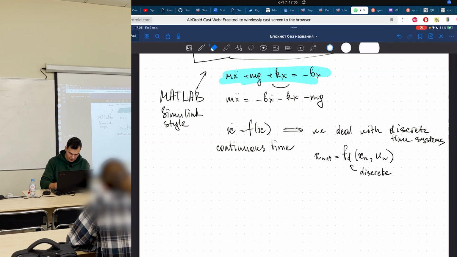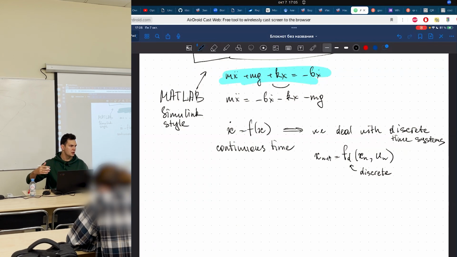So instead of using the x dot equation, we're going to use x_{n+1}, where n is some kind of sequence, so the next element of the sequence equals some function.